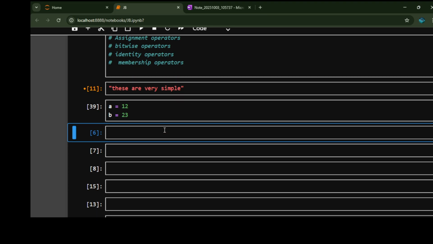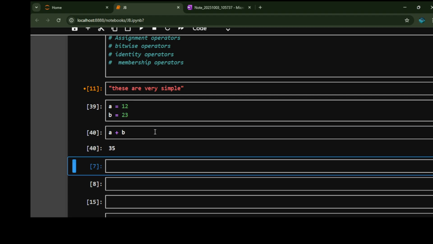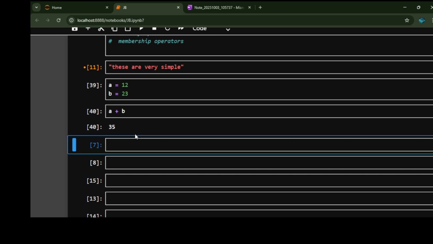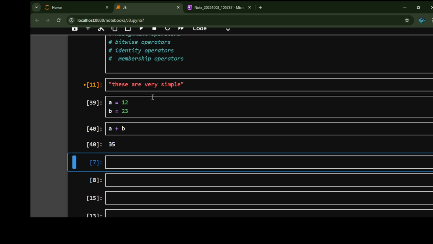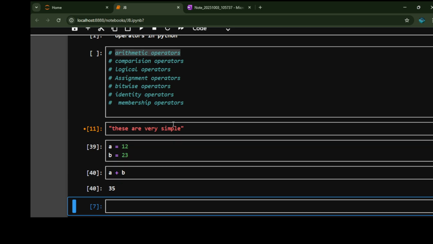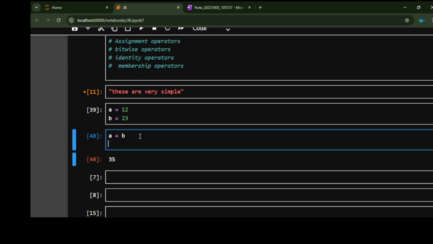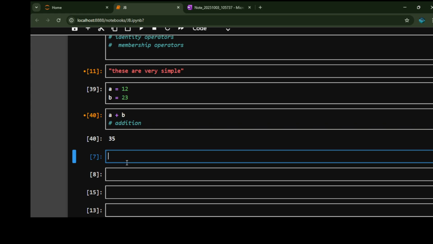Now we will be trying to add these two using plus symbol, and the result is 35. That is very simple, simply understood by all. This is the first type of arithmetic operators, that is called addition.